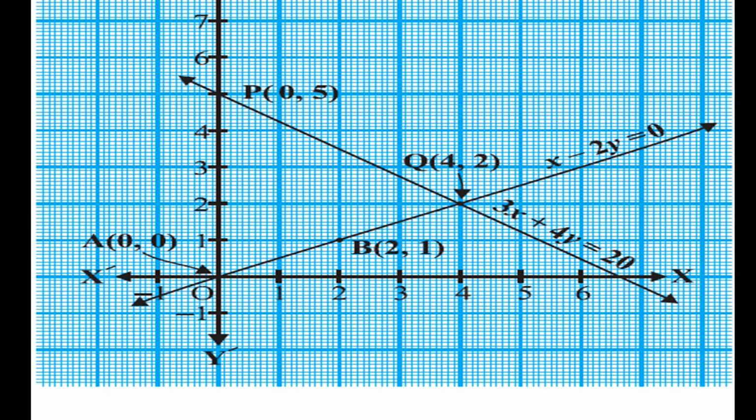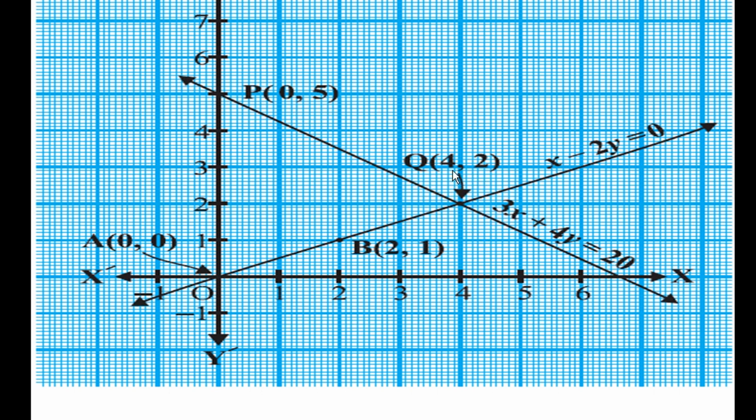So this is the graph of these equations. This is the x-axis, this is the y-axis. This is the graph of the equation x minus 2y equals 0, which passes through the points 0 0, that is the origin, and 4 2, which you found in the table. And this is the line of the equation 3x plus 4y equals 20, passing through the points 0 5 and 4 2.